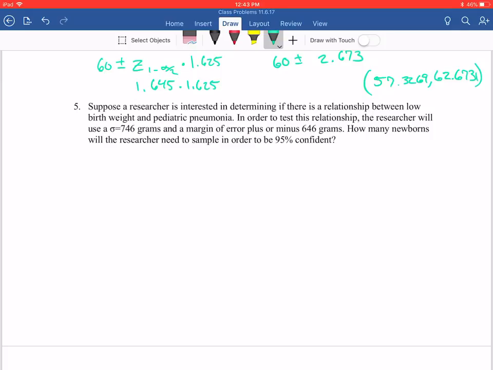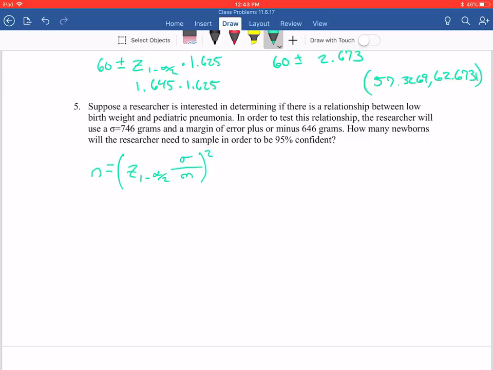So this one we have a new formula, in which we're trying to determine the sample size needed. Our formula for sample size is n equals z of 1 minus alpha over 2 times standard deviation over the margin of error, all that squared.